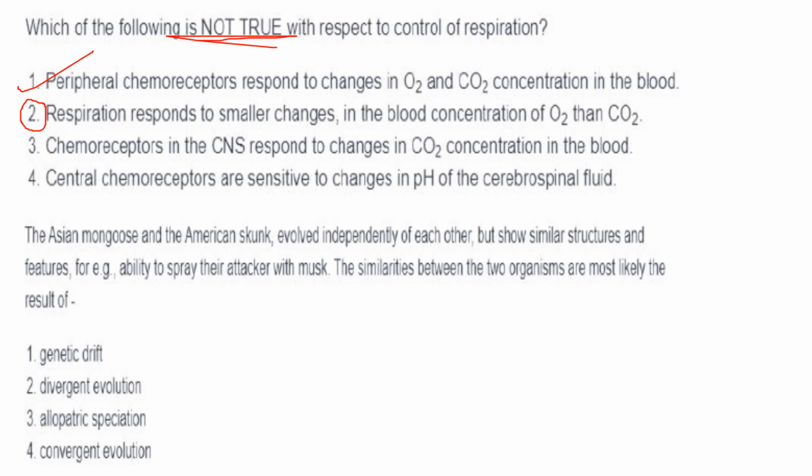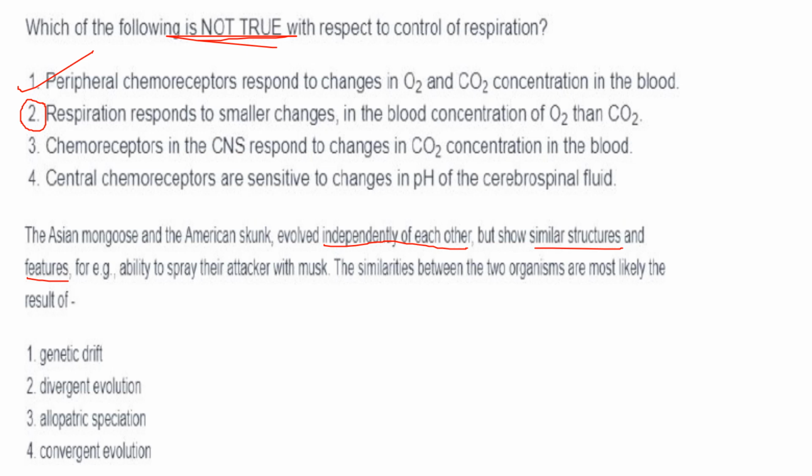Then next one. The Asian mongoose and American skunk evolved independently of each other. That is the keyword there. But show similar structures and features, that is another keyword, for example the ability to spray their attacker with musk. These similarities between the two organisms are most likely the result of convergent evolution.